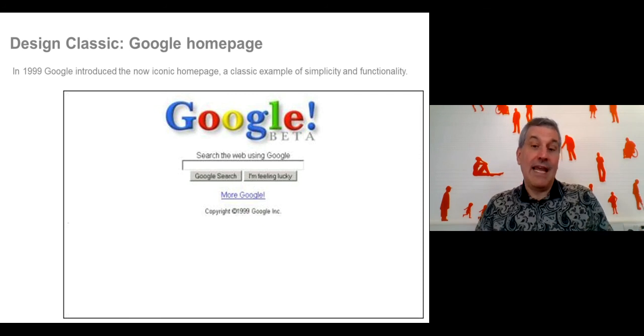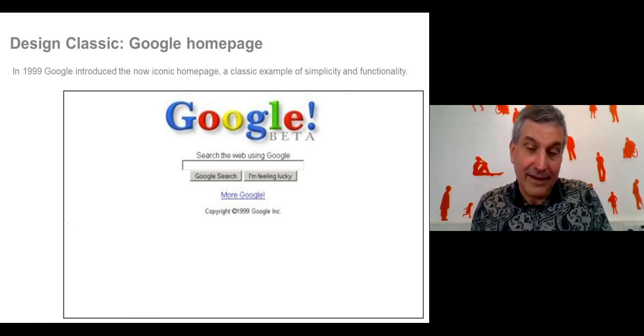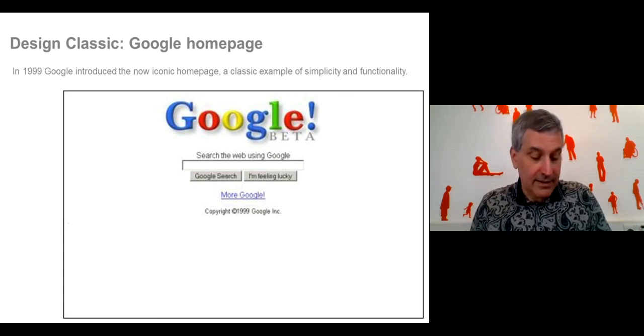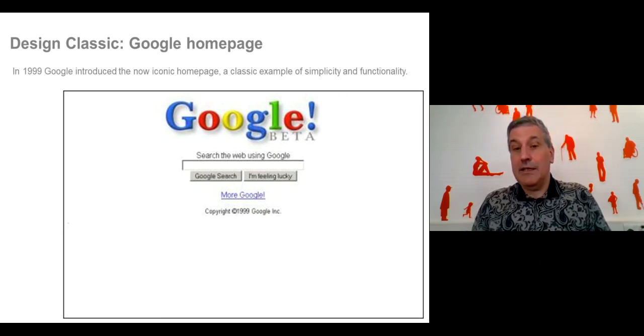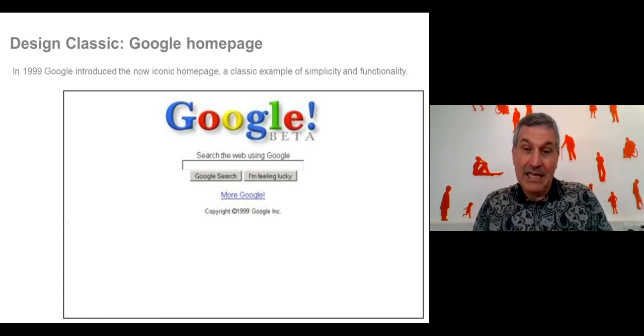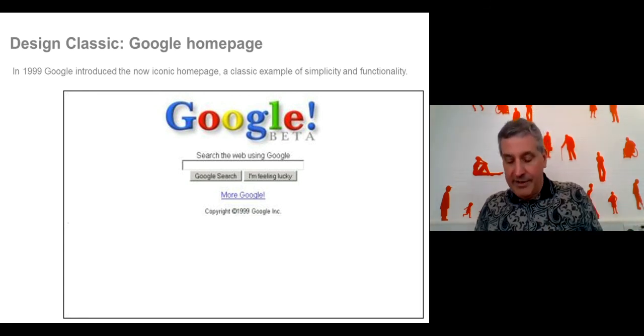And to this day, it's slightly more complicated. They put a few pictures for fun, but it's still a relatively good example of a clean, simple, nicely reduced design classic, design interface. You can see the work of designers and design in play on this particular interface.